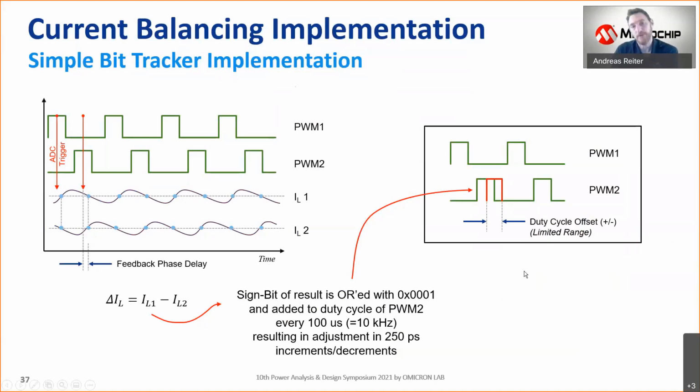It will always go above, below, above, below. So it's something like a very, very simple bang control of the duty cycle offset. But as the step is so small, just 250 picoseconds versus the complete on time of the converter, that influence is very, very small, and it doesn't show up anywhere. It doesn't create noise.